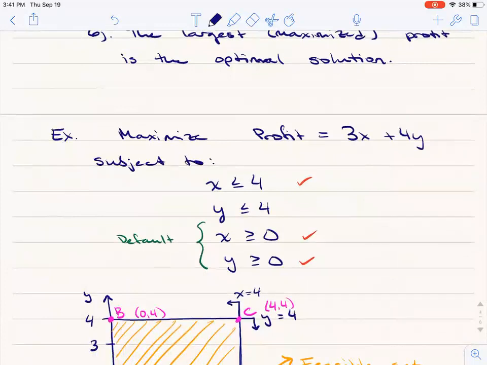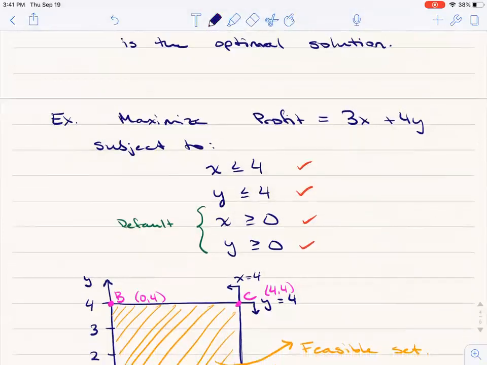I guess I should check off, because we did take care of that one too. We haven't touched the profit function until now. It just hangs out until the very end when we're ready to plug in our x and y combinations to see which one is the biggest profit.